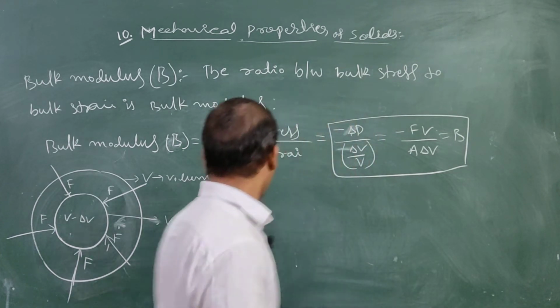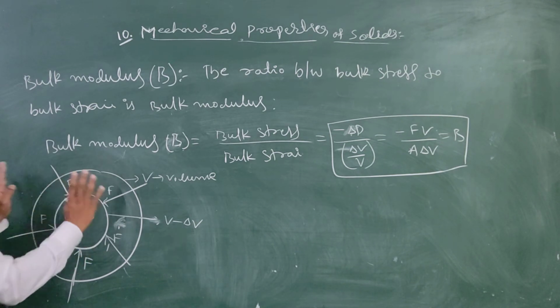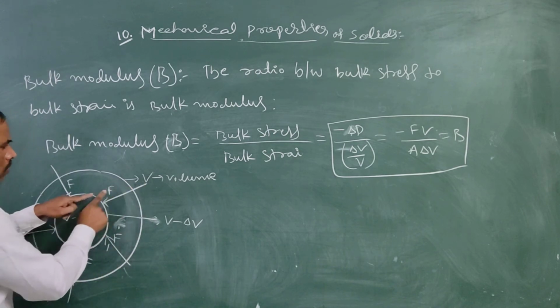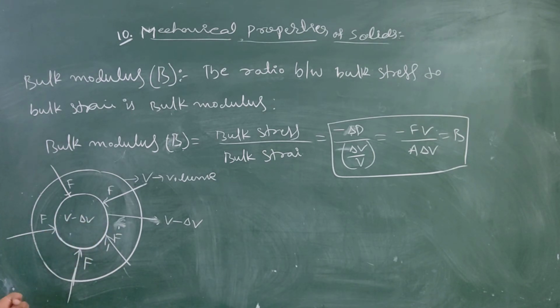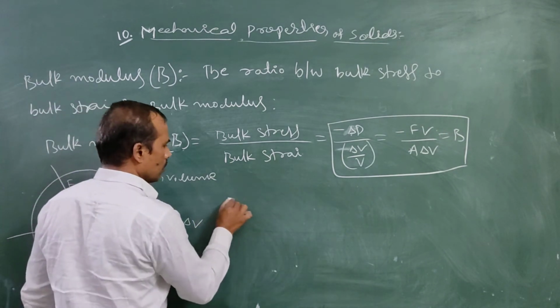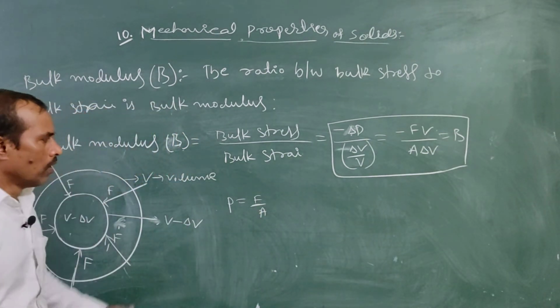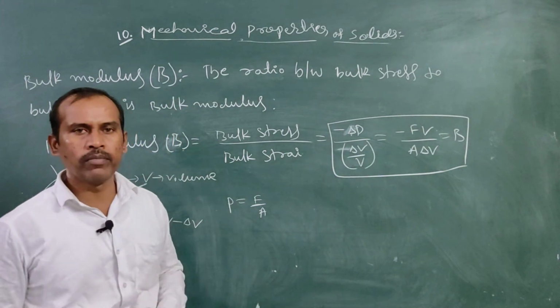Okay, first of all, the change in volume is delta V, the original or initial volume is V. The force acts perpendicular to the surface of this sphere, and this area is the surface area, with the applied force. So pressure is equal to force by area. Delta P means volume stress.